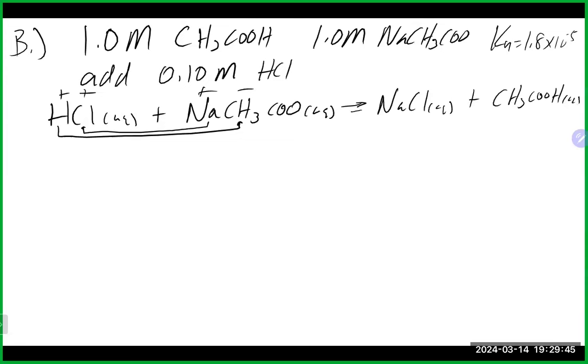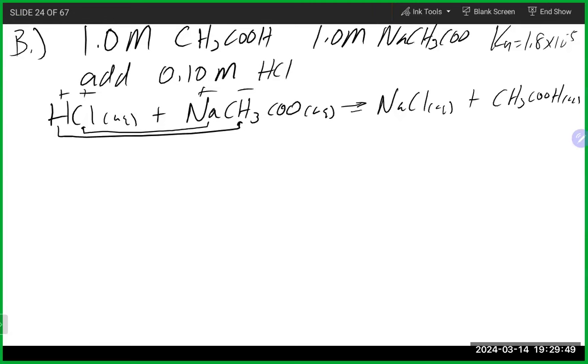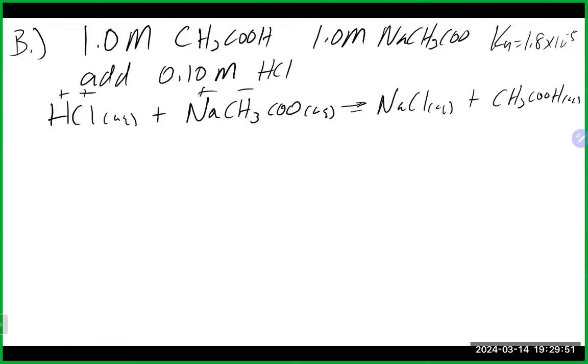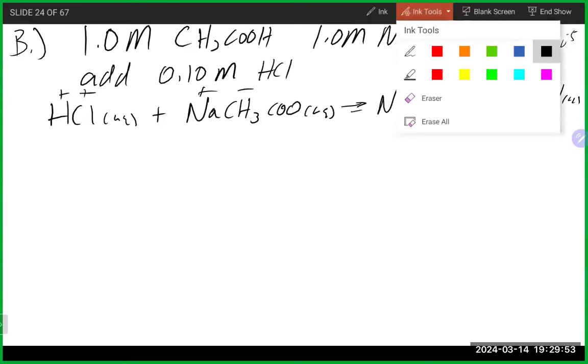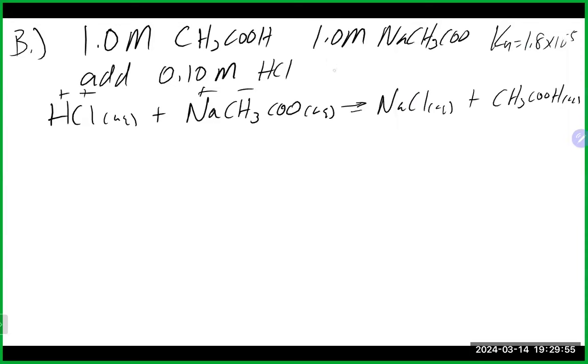All right. So as I mentioned before, we're going to do this ice table here in moles. And in this particular case, we're just going to assume everybody is 1 liter. So everybody's going to have a volume of 1 liter. That makes the math pretty easy, right? Because my moles initially for HCl would be 1 liter times 0.1 moles per liter, which is 0.1 moles for my HCl.